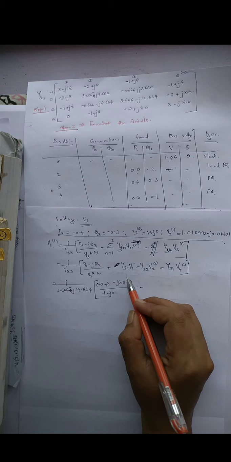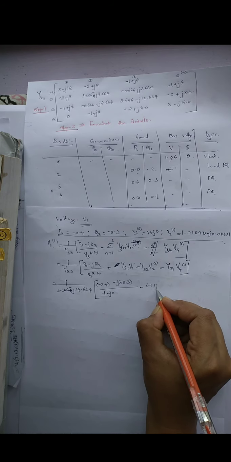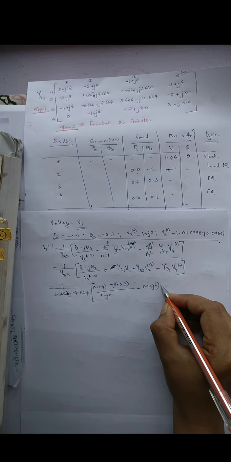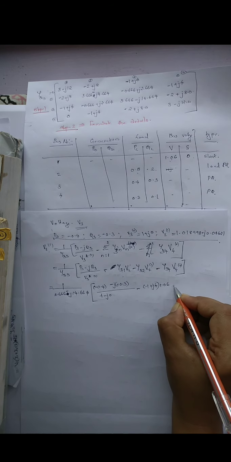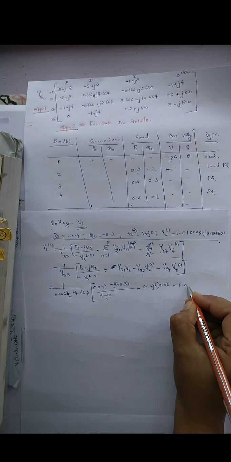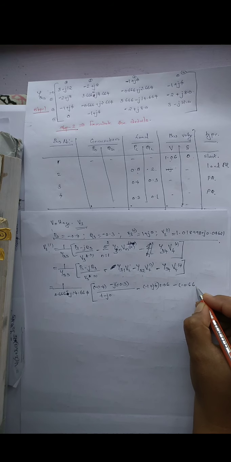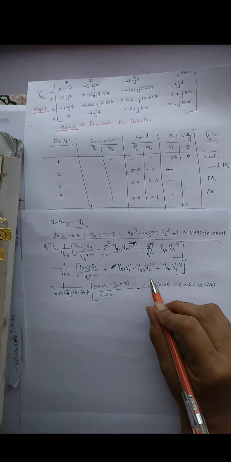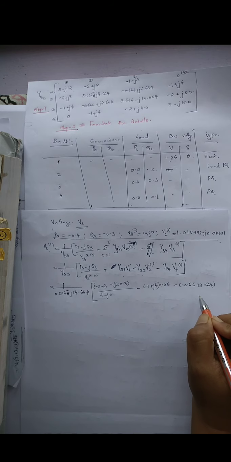What was Y31 value? That was minus 1 plus j4 into V1. V1 value was 1.06, minus Y32. What was Y32? Y32 was minus 0.66 plus j2.664 into this V2 value.